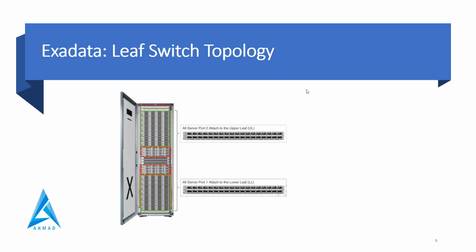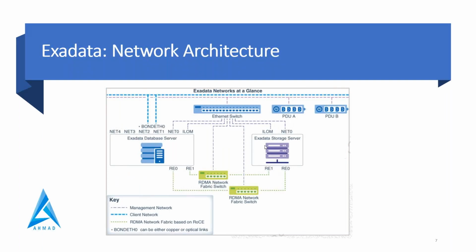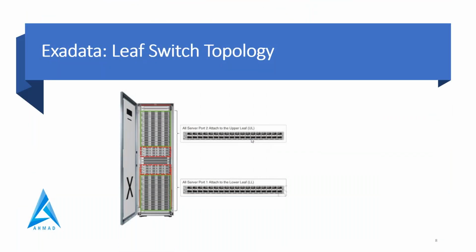For each server, the ROCE fabric ports RE0 and RE1 are connected to the switches such that approximately half of the RE0 ports are connected to each switch, and approximately half of the RE1 ports are connected to each switch. If you see the previous diagram, I'm talking about this. And the leaf switches are connected to each other via 7 inter-switch links. Remember that. All the connections are pre-cabled in the factory, so you don't need to do this.